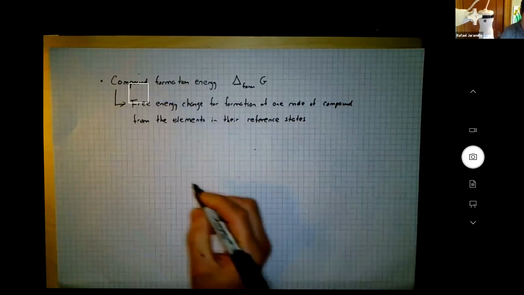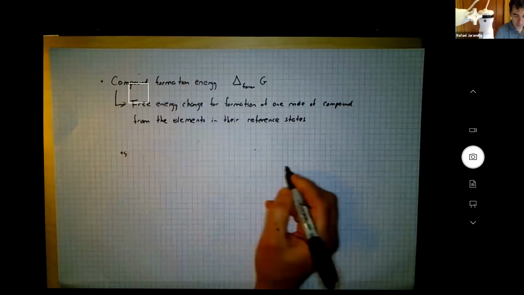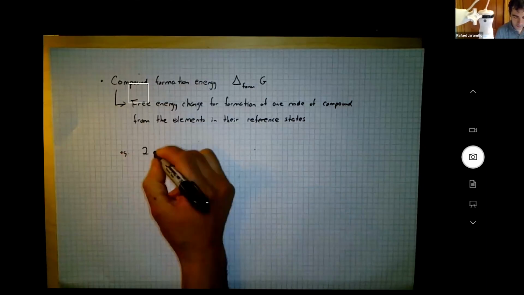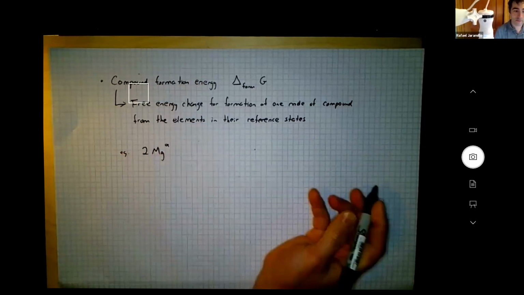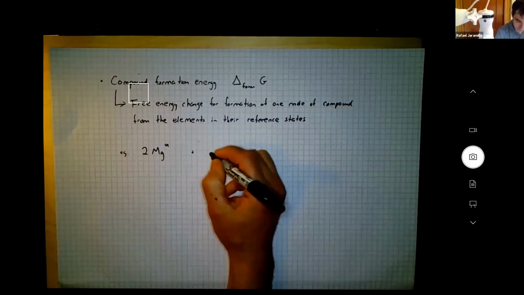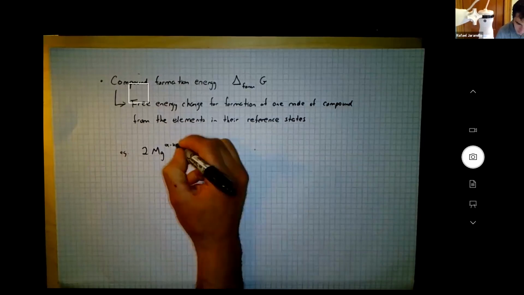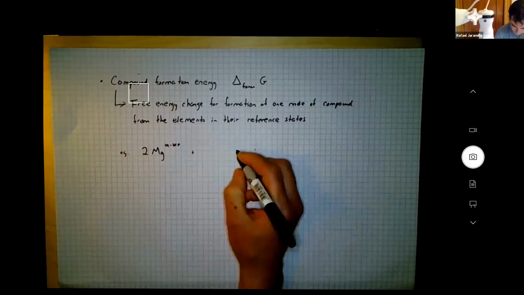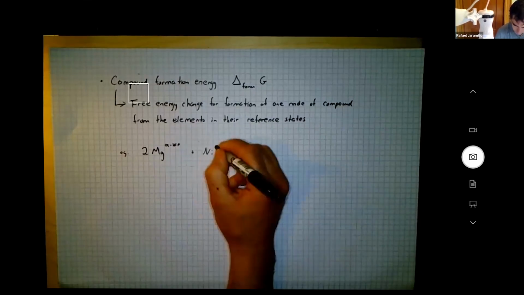So, for example, I might have 2 moles of magnesium in its alpha phase, let's say HCP, plus a mole of nickel in its alpha FCC phase.